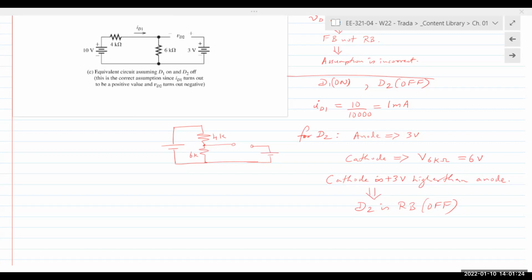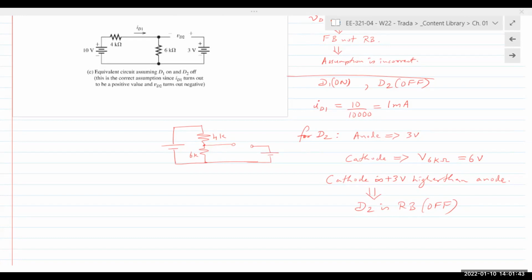So if you assume a diode to be on, we expect current to be passing through, then you calculate the current. If it's a positive number, that means the assumption is valid. If you assume a diode to be off, then you calculate the voltage. And once you calculate the voltage, your cathode should be higher than the anode.